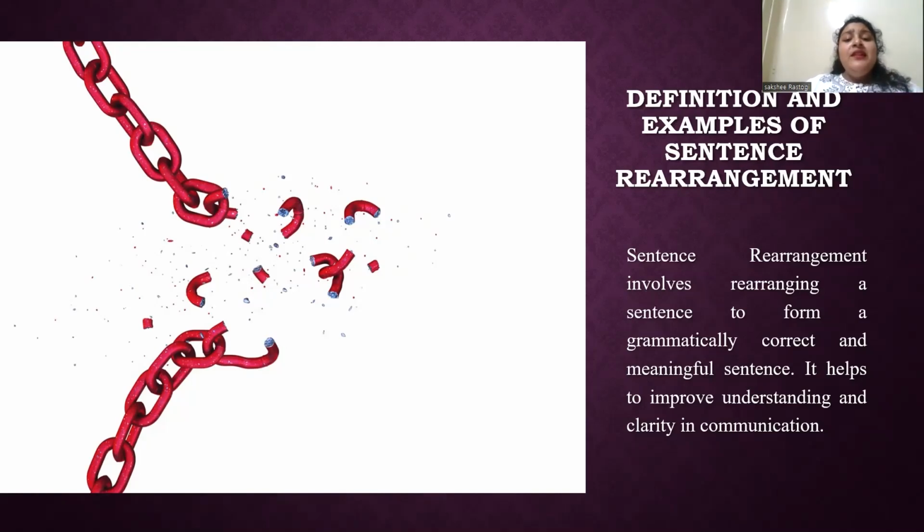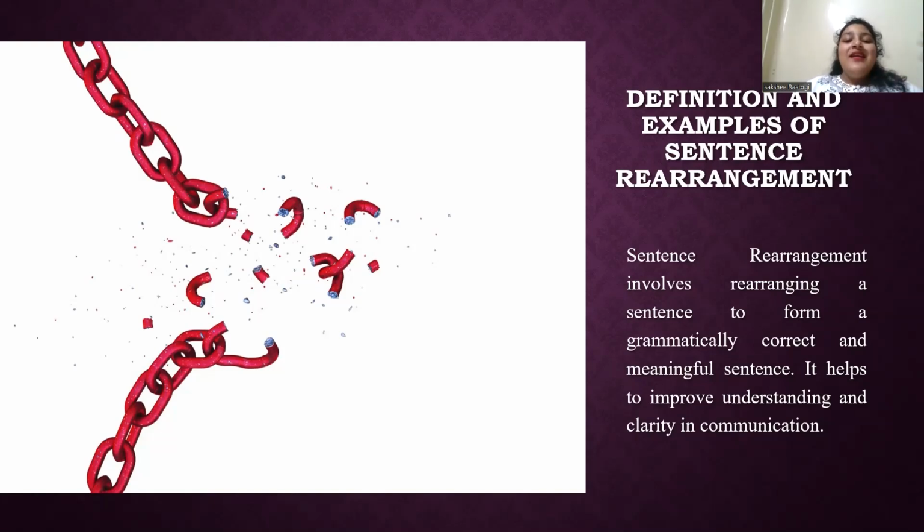In passive voice sentences, the subject receives the action. For example, the ball was thrown by John. In active voice sentences, the subject performs the action. Conditional sentences are if-then statements. If it rains, I will take an umbrella.